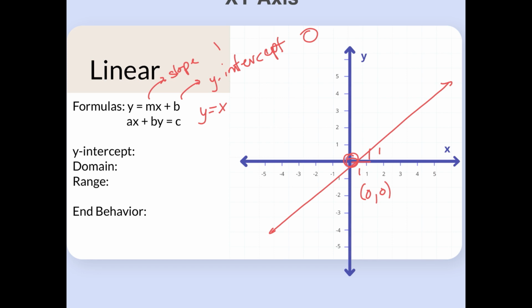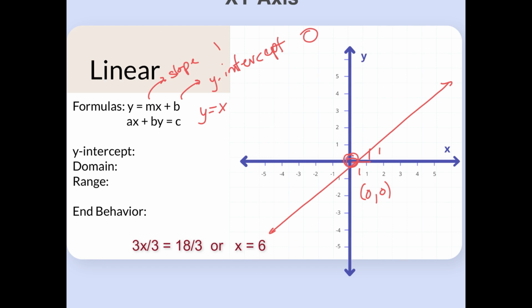So to say, for example, let's say if we had 3x plus 6y equals 18, that means if I divided by 3, I would get x equals 6.